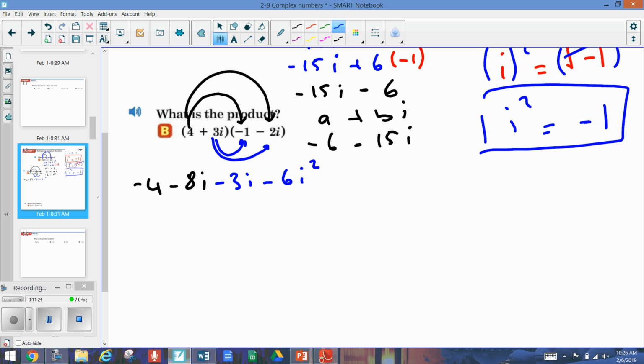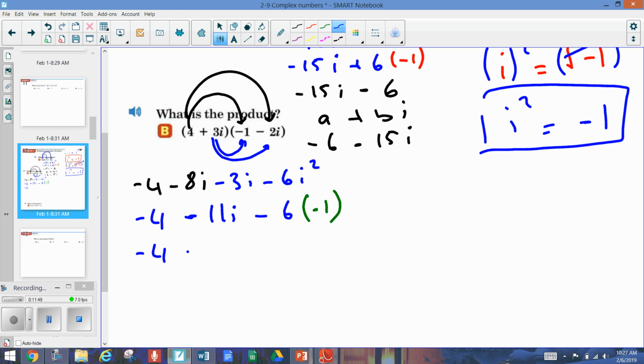Okay, good. Now, add like terms. Negative 8i minus 3i, what is that equal? Correct. Okay, negative 6. Victoria, what was i squared? Negative 1. Good job. Let me write it down again.